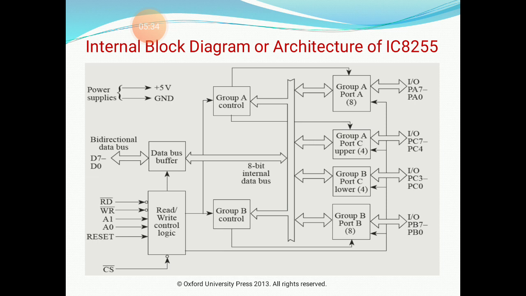These four blocks are controlled by using two blocks, Group A control and Group B control. The Group A control block controls Group A Port A block and Group A Port C block, and Group B control block controls two blocks, Group B Port B block and Group B Port C block.